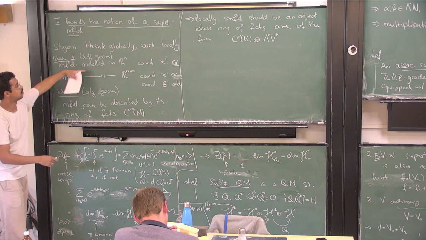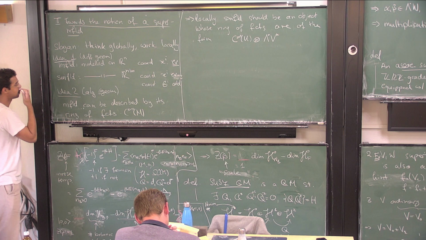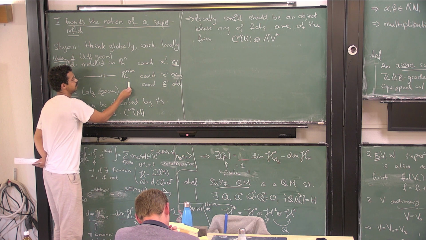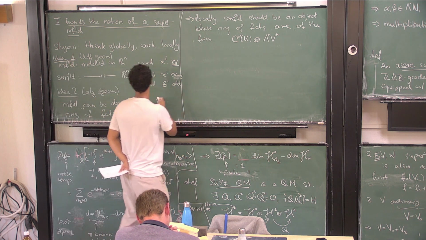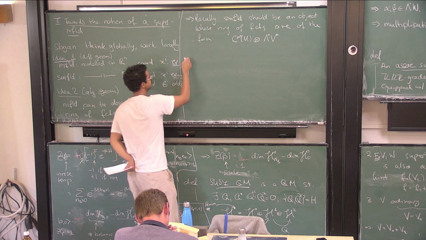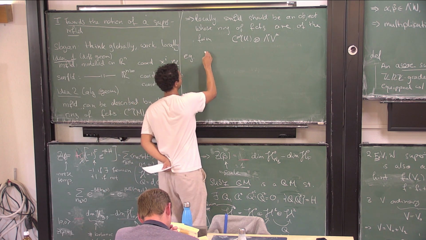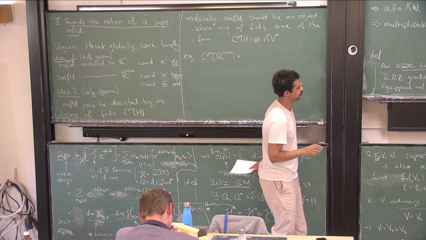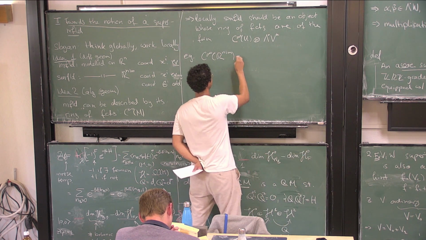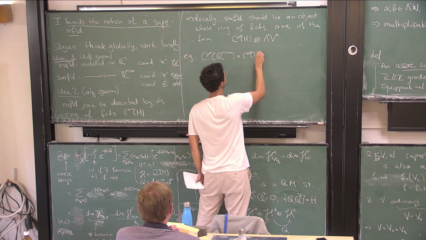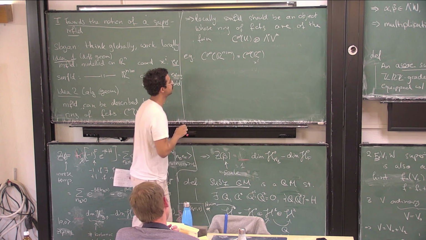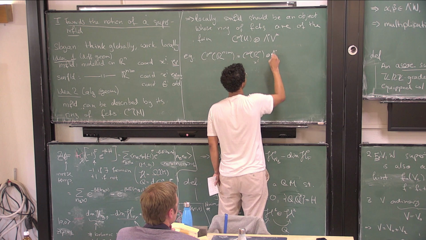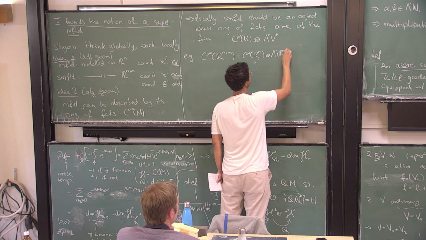To see that these two ideas are actually okay together, if we take functions on Rn|m, then by the definition we had, they're just defined to be functions on this even part, where we had these coordinates xi, and then the exterior algebra of Rm dual.